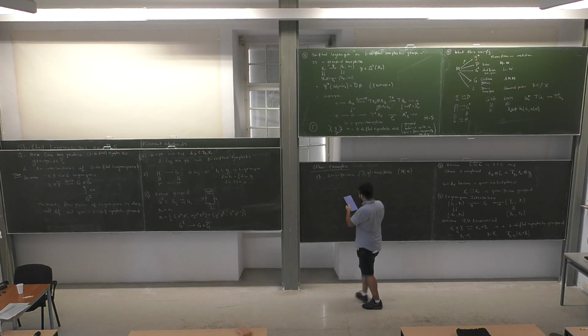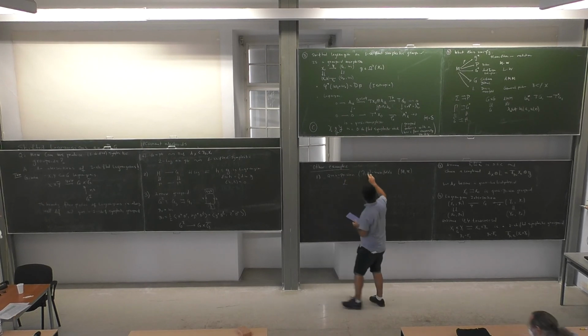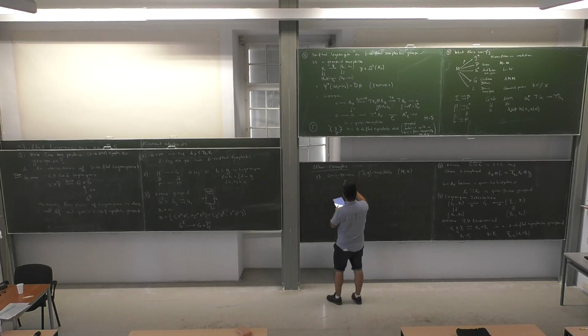So suppose I have a Lie quasi-bialgebra, and this is the Drinfeld double of that Lie quasi-bialgebra. And this is the bialgebra.